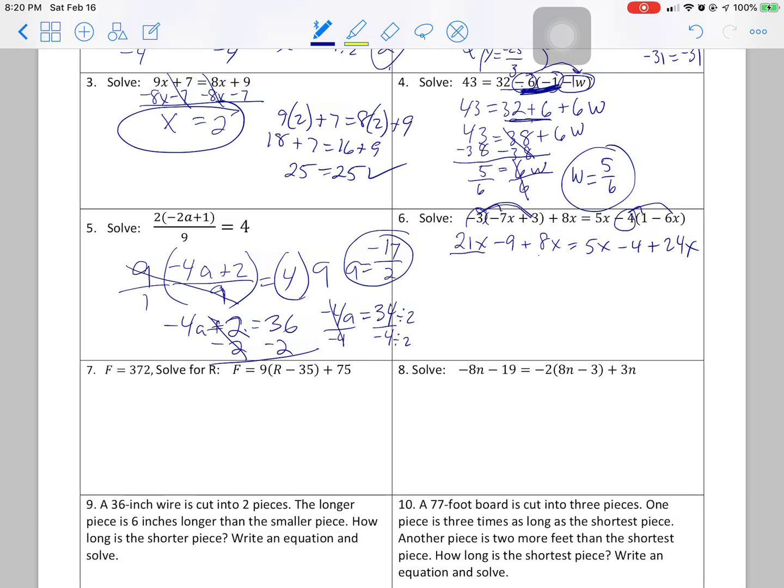All right, combine like terms. Combine like terms. Move the x's to this side. And move this 9 to the other side.